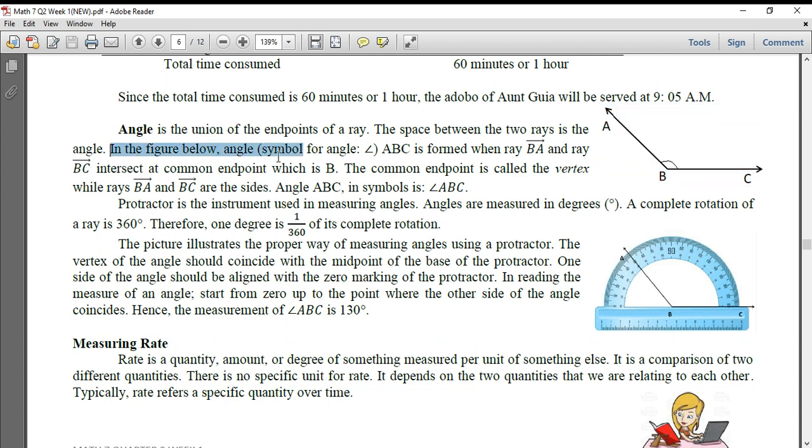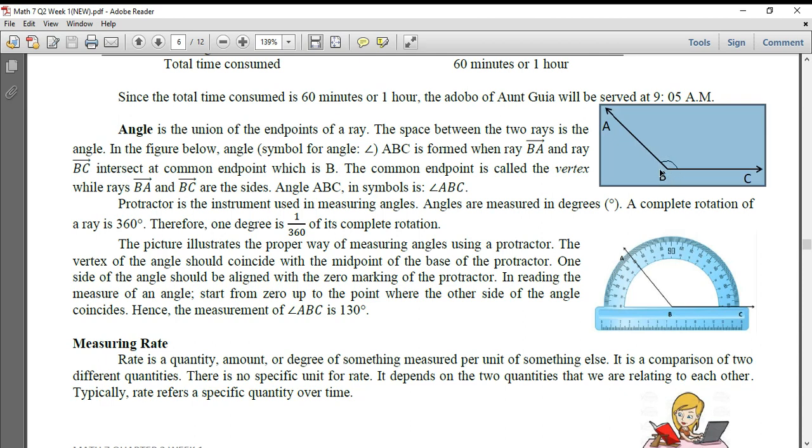Okay? So, in the figure, the symbol of angle, take note, that's the symbol, ganyan. So, that's the symbol for angle. So, parang less than. Okay? So, angle ABC is formed when ray BA and ray BC intersect at common endpoint which is B. So, ito yung tinatawag nating endpoint.